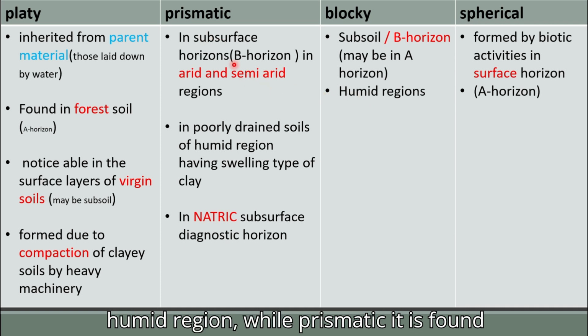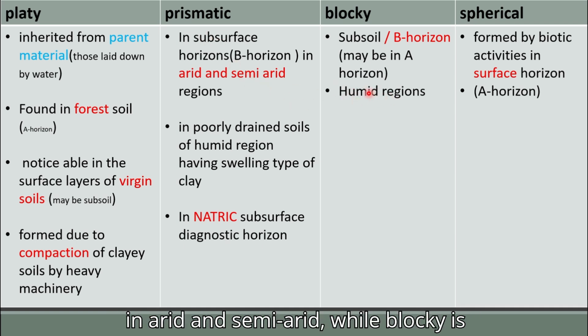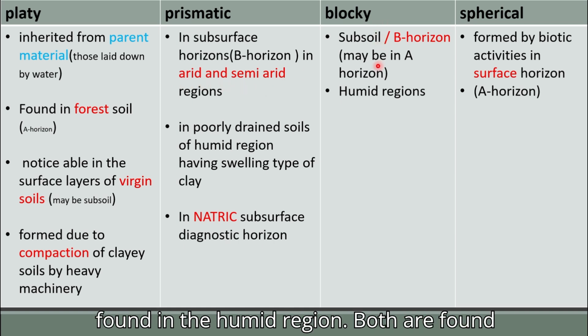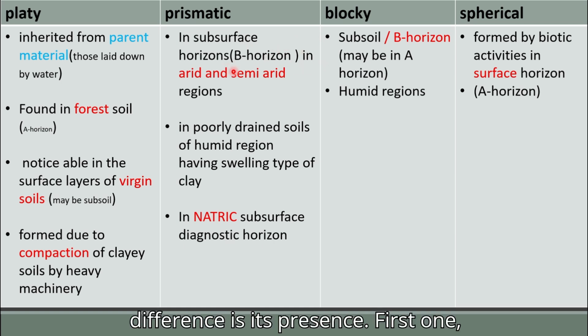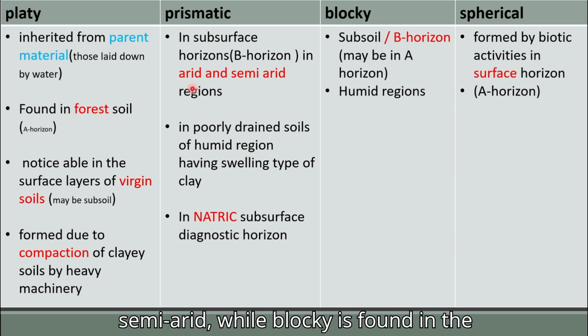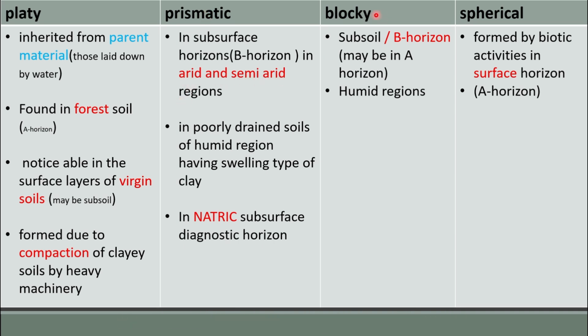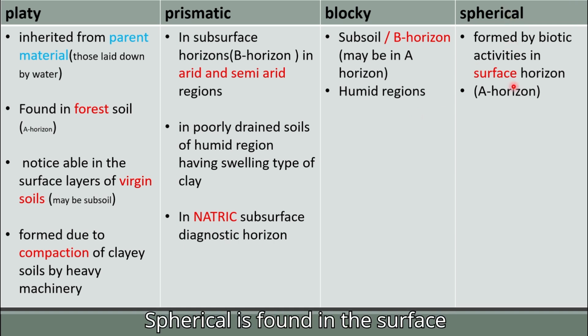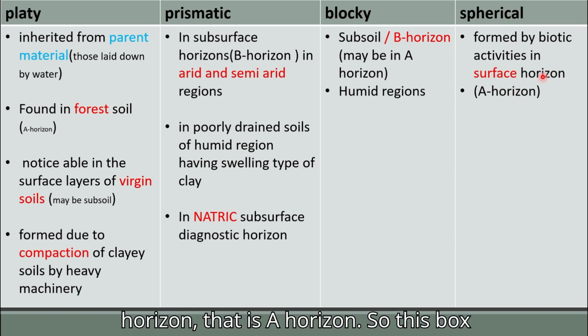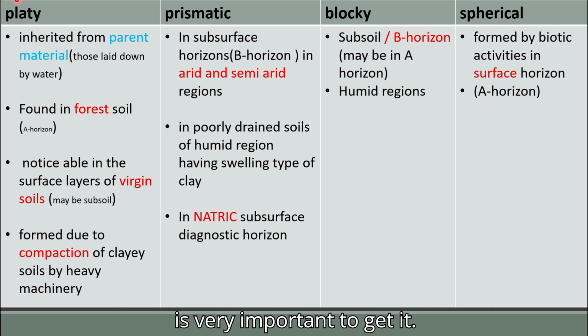That means blocky is found in humid regions, while prismatic is found in arid and semi-arid. Both are found in the B horizon; the only difference is where they are present. Then next is spheroidal. Spheroidal is found in the surface horizon, that is the A horizon. So this box is very important. Study it.